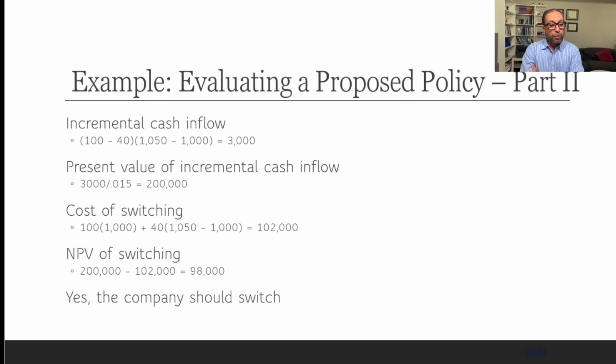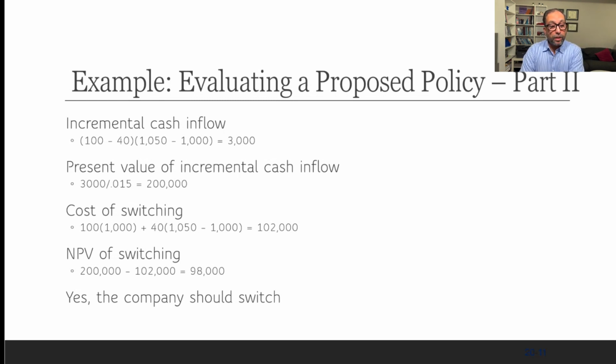By this way, the present value of the incremental cash flow is 3000 divided by 0.015, because we are going to get it later. So we see here that it is 200,000.